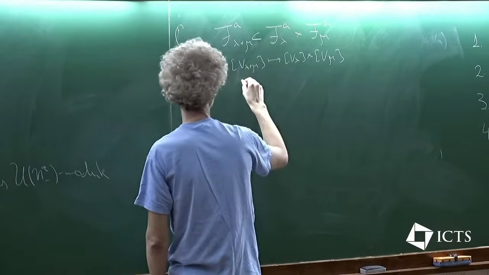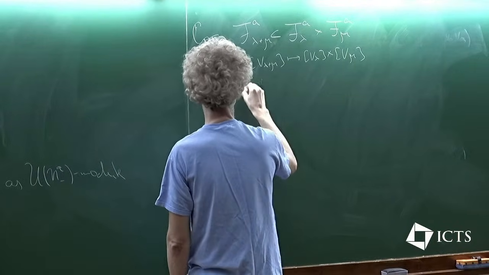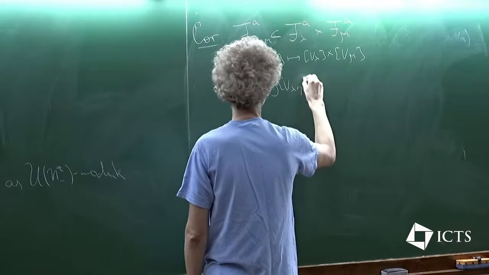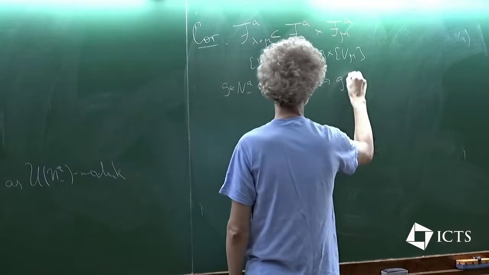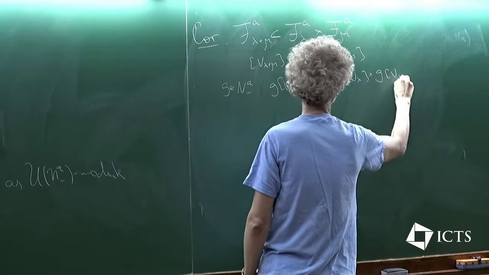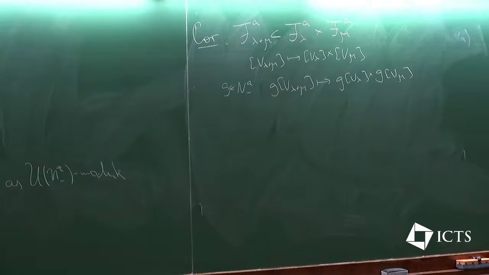And then the orbit: for g in N^-_a, g applied to this V_{λ+μ} is mapped to gV_λ times gV_μ. Okay. So this theorem allows us to work with these simpler pieces.